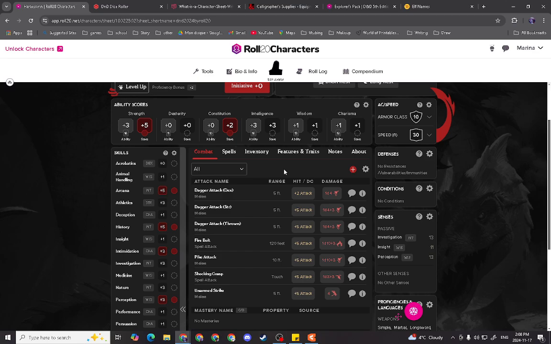Does a 15 hit? Keep in mind that's your armor class. Is it higher than your armor class?